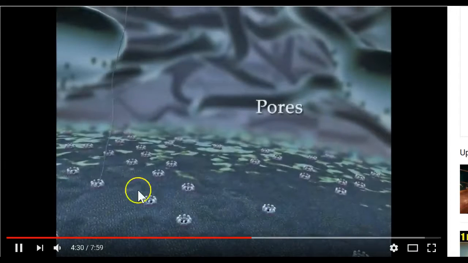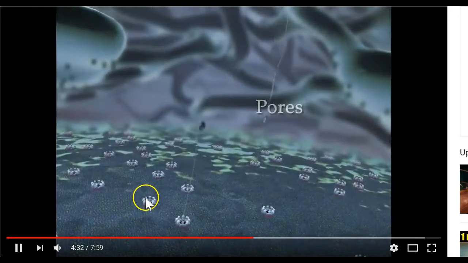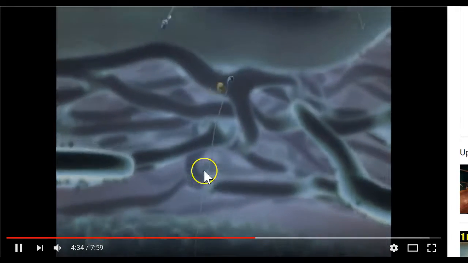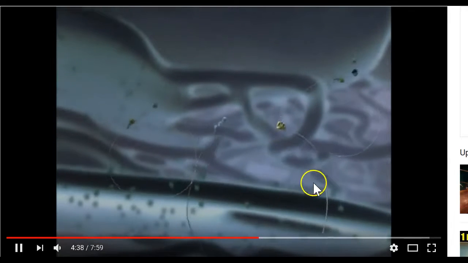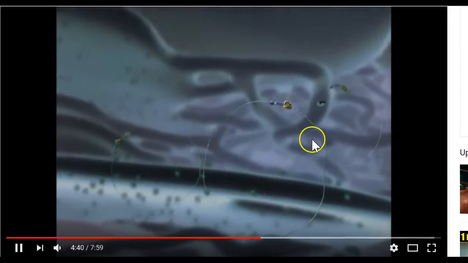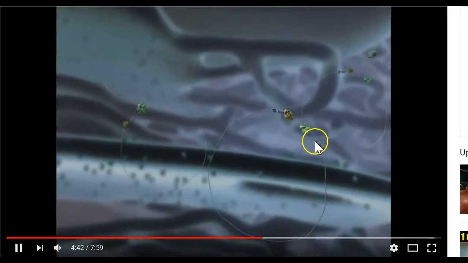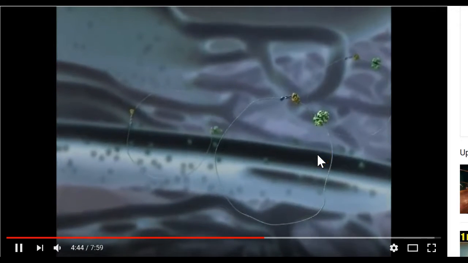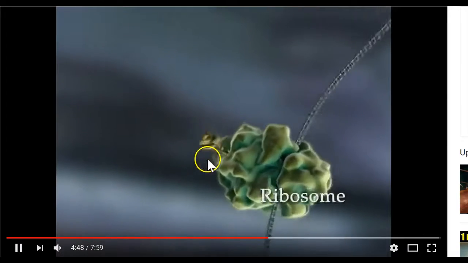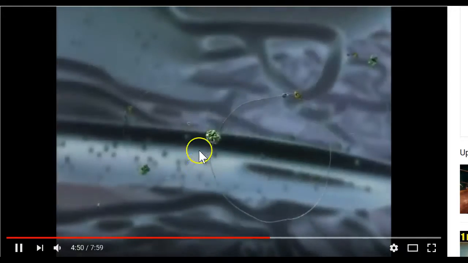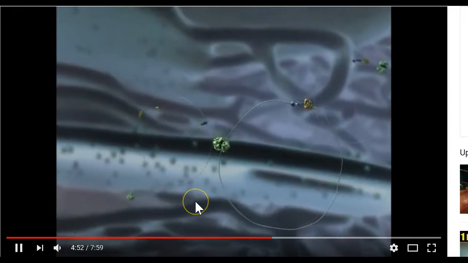Okay, so now this is the nuclear membrane, and these are the nuclear pores, and RNA strands that have just copied the DNA sequence are coming out. And you'll see ribosomal subunits that will attach to these ribosomal RNA chains, and they're going to copy that sequence, and these are polypeptides, parts of proteins that are being produced.